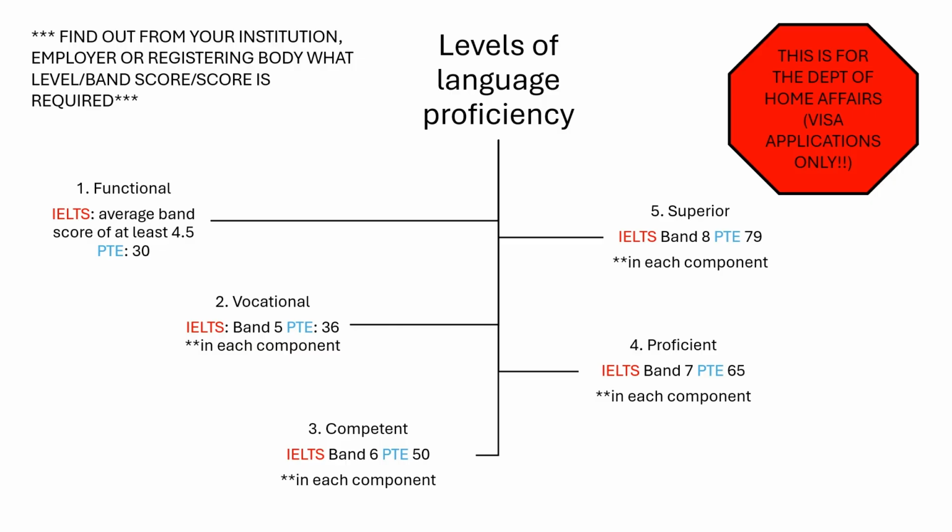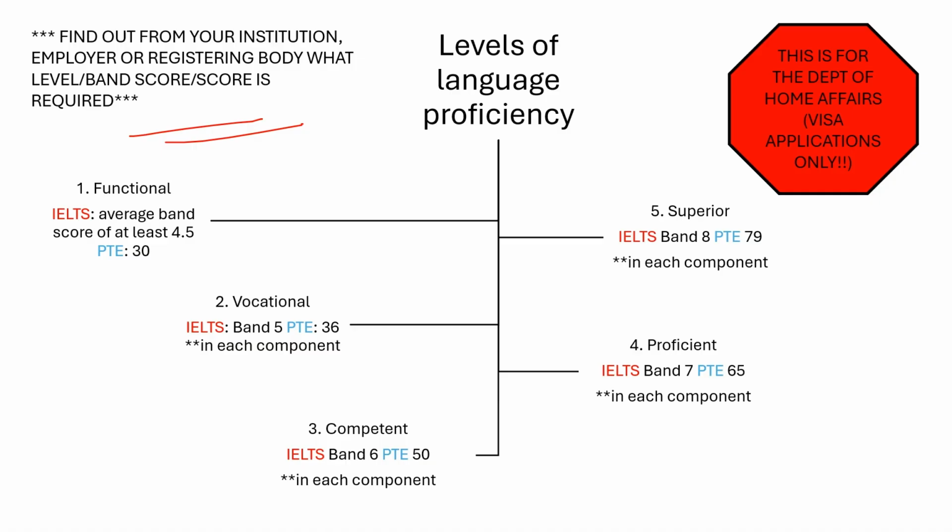Now, there are multiple levels of language proficiency that are accepted by the Department of Home Affairs. This can get quite complicated, but for their assessment, they have 5 levels of proficiency. Okay? You need to find out from your institution, employer, or registering body what level or band score is required.